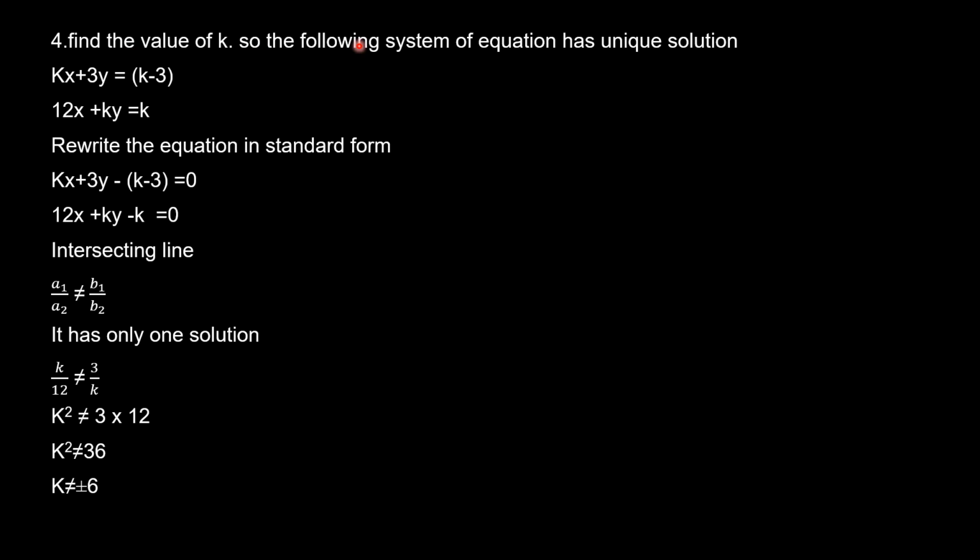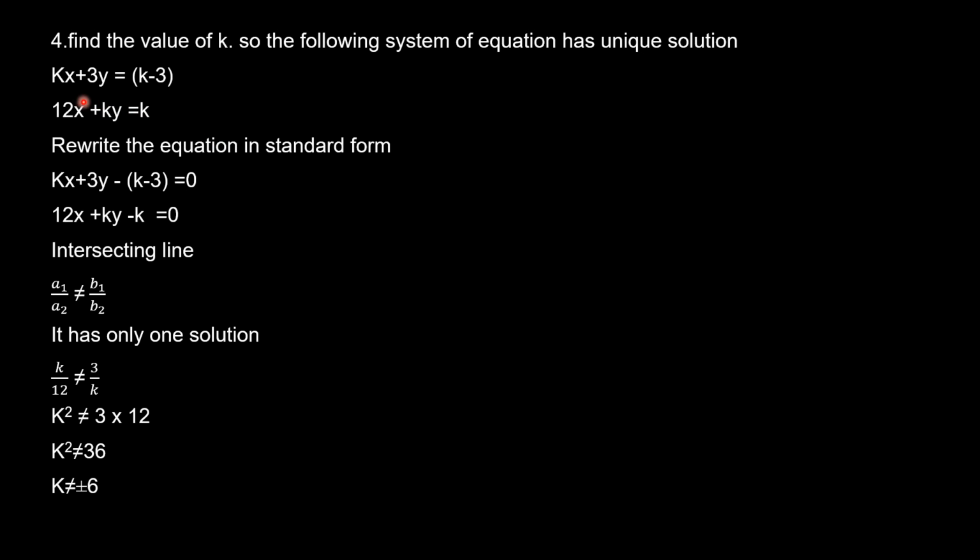Find the value of k so that the following system of equations has a unique solution. Unique solution means only one solution, which means it is an intersecting line.